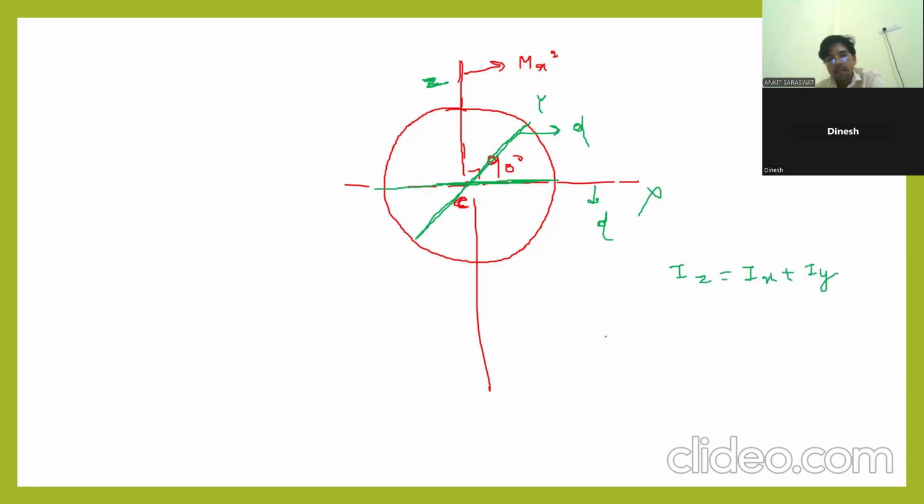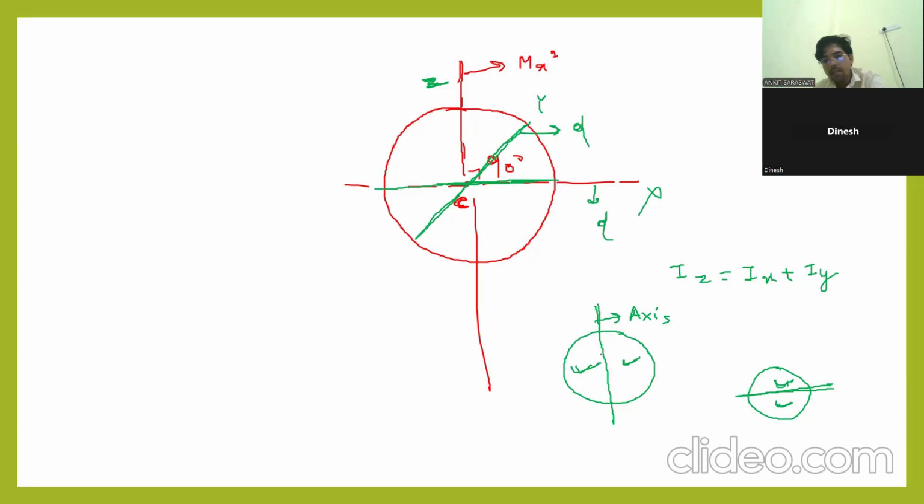Since the body is symmetrical, if you cut along an axis, the same mass is on both sides.